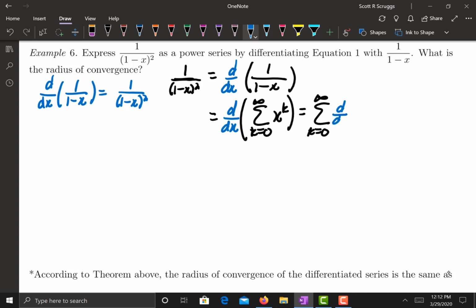In other words, I can move the derivative inside the summation and do the power rule for each individual component. And keep in mind that for the derivative, instead of starting at 0, I am now starting at 1. Doing the power rule, I'll get k times x to the k minus 1 power.